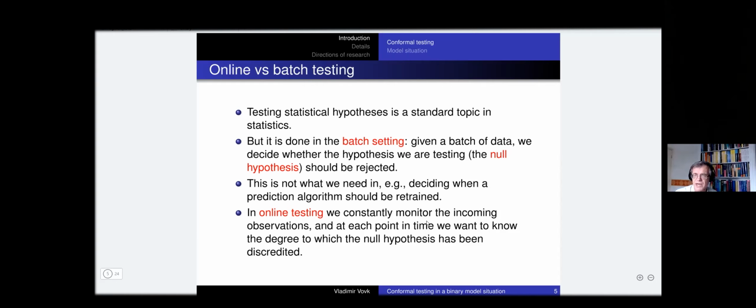Suppose we want to decide, and this will be the topic of Alex's talk, but one big application of testing the IID assumption is to decide when a prediction algorithm should be retrained. A naive approach would be to say you retrain it if its performance deteriorates, if its predictions cease to be good. But we don't have any threshold.